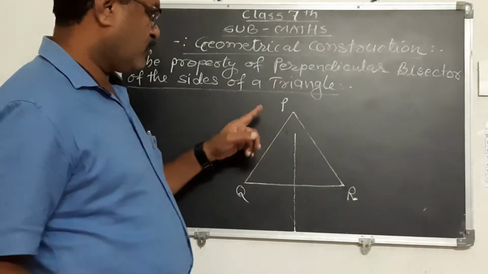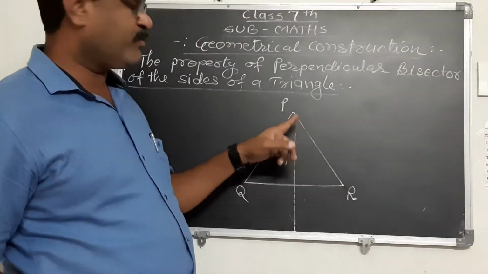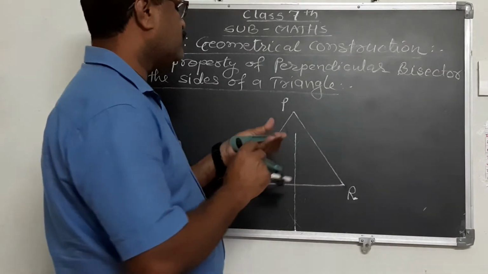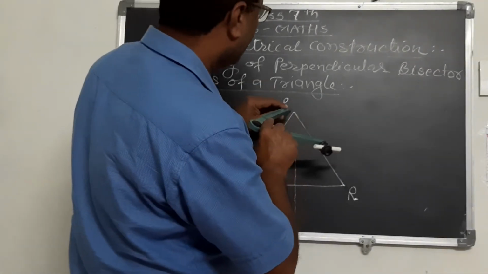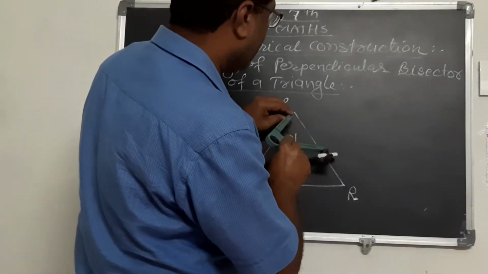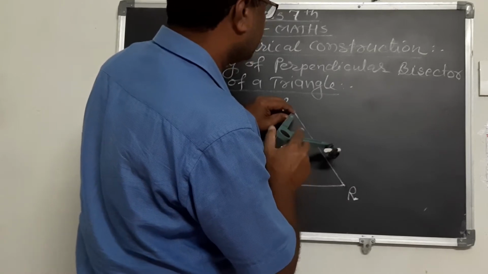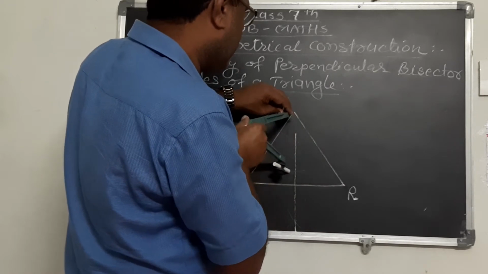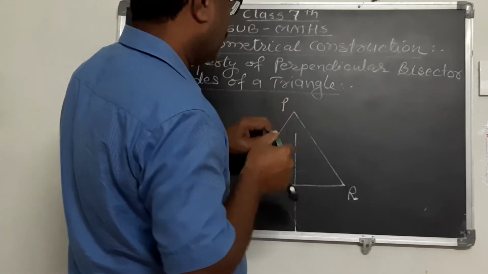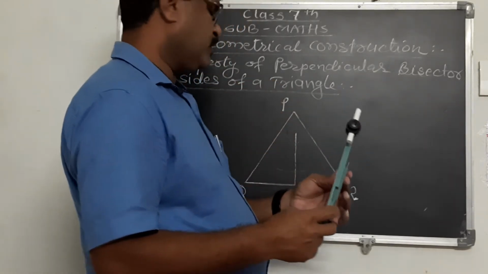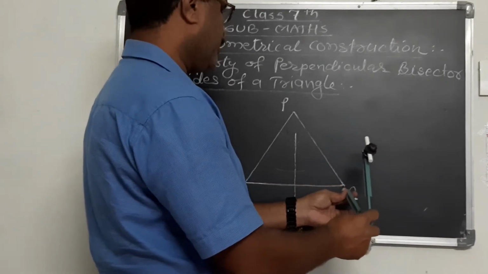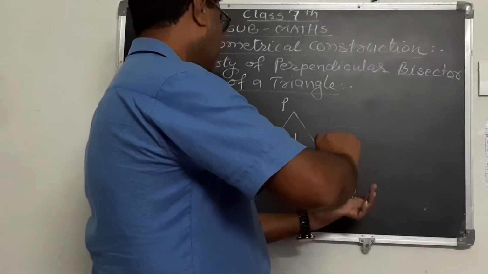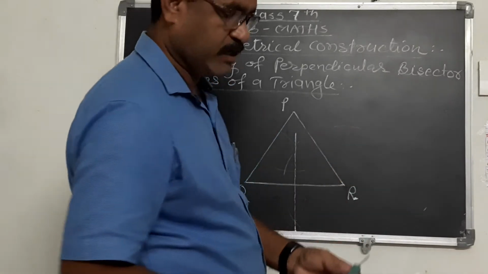In such a way we take another perpendicular bisector. For this, again take the compass, put the point on P, and with more than half distance take one cut upper and another cut lower. Keep the distance the same, put the point on R, and cut both the sides.